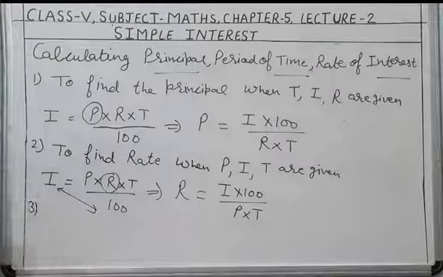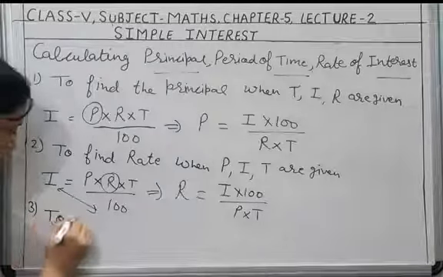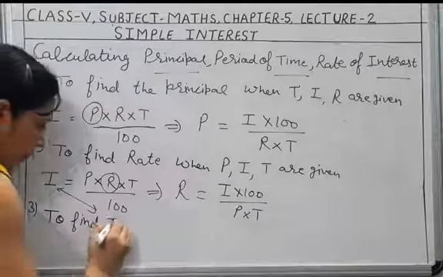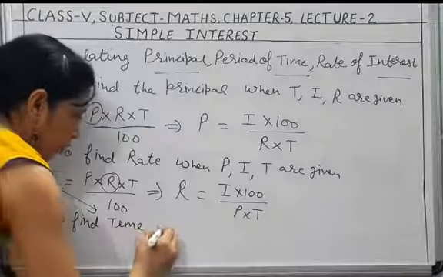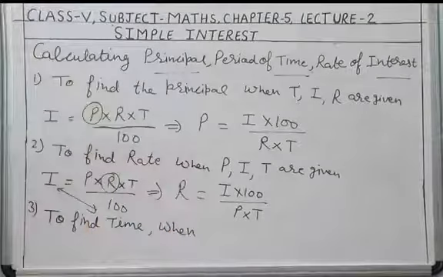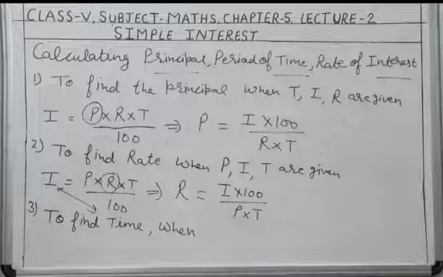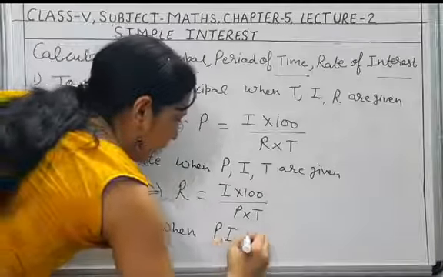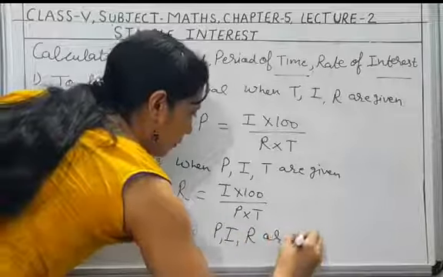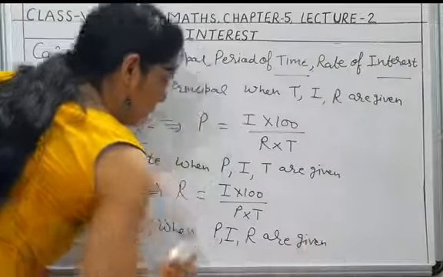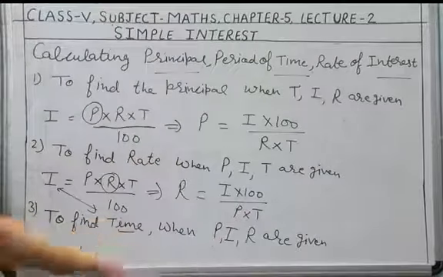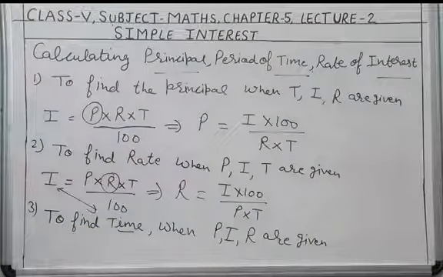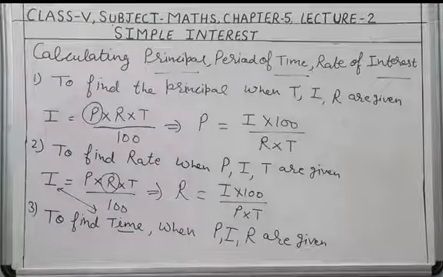Now third case is here, to find time, when principal, interest and rate are given. Okay, now we have to calculate time. Again we will use the same formula of interest, right?